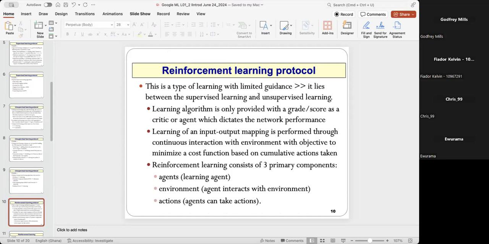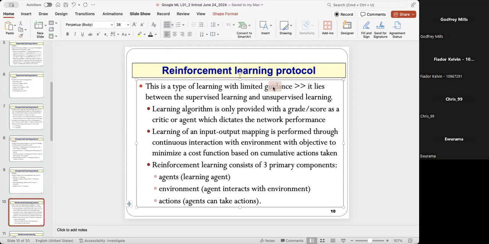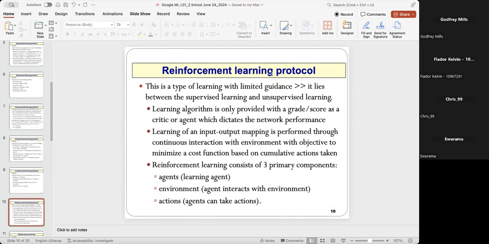So with this type of learning, we have what we call some limited guidance, so that the guidance aids in determining whether the solution we have is achieving the desired target. And so it is sandwiched between the supervised learning and the unsupervised learning.